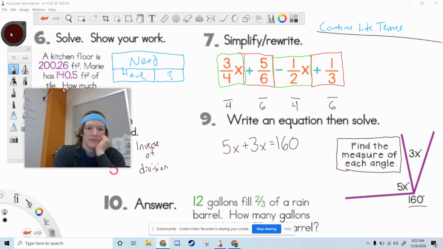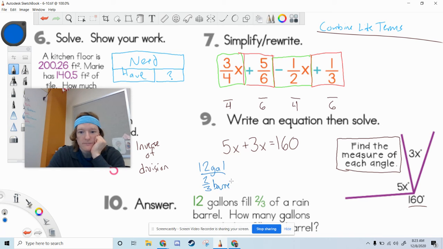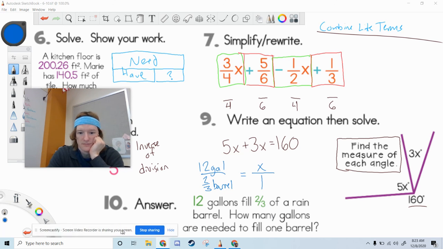For number 10, this is a unit rate problem. We have 12 gallons in 2/3 of a rain barrel. So how many gallons in one barrel?